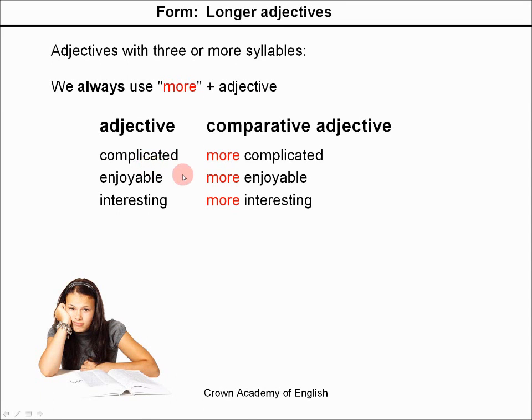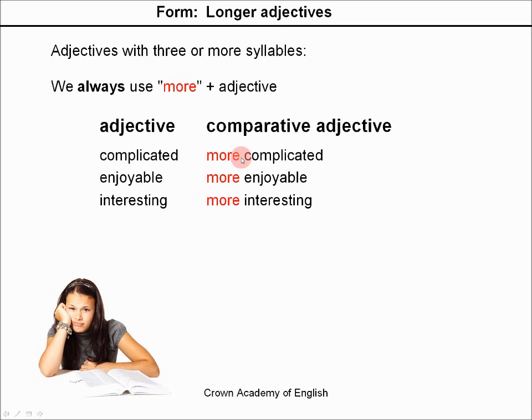So try to say complicated-er. See, it's very difficult to say. Enjoyable-er. It's almost impossible to say. So that is why we use the word more. It is easier to say more enjoyable than enjoyable-er.